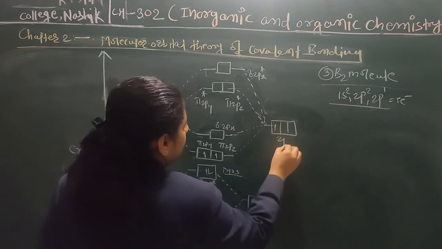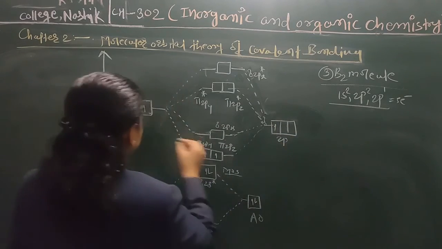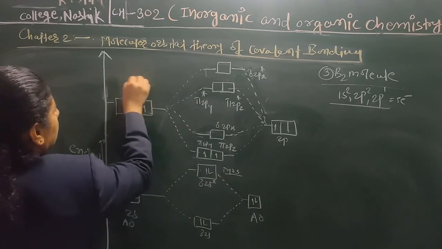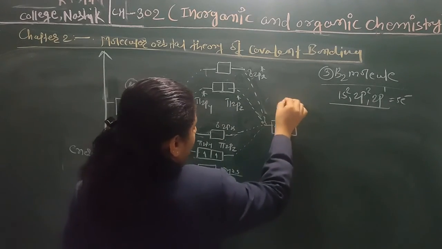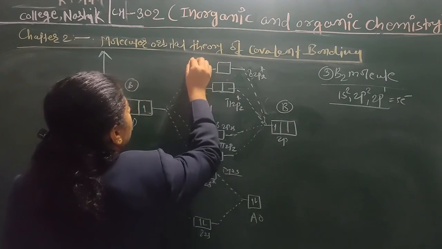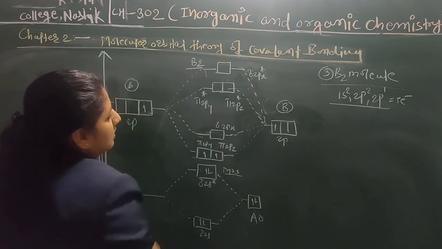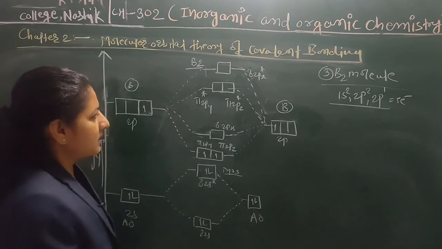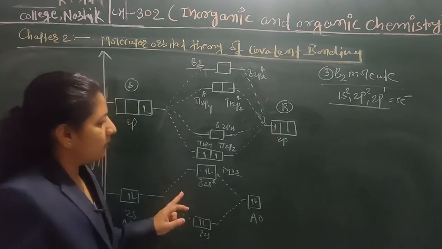Here also one, that is a 2p. This is a boron atom. Here also a boron atom, and here that is B2. So this is the MO diagram for the B2 molecule.